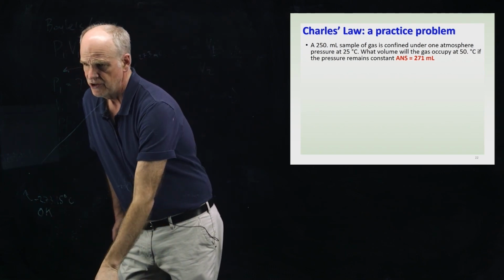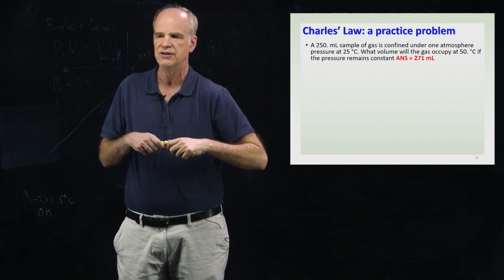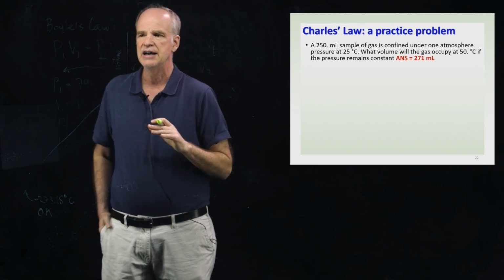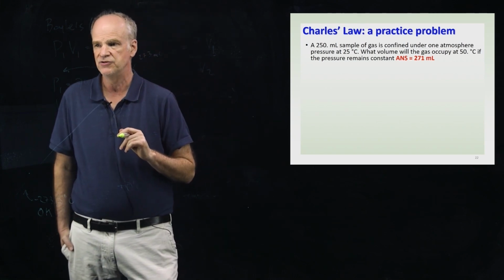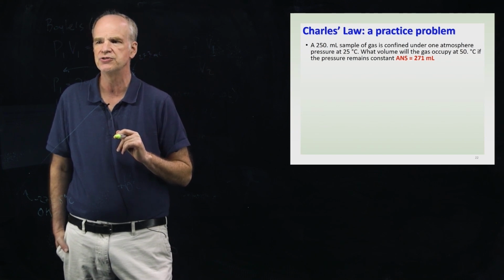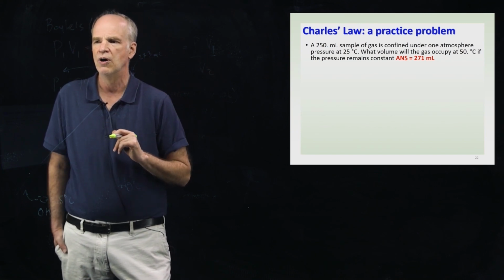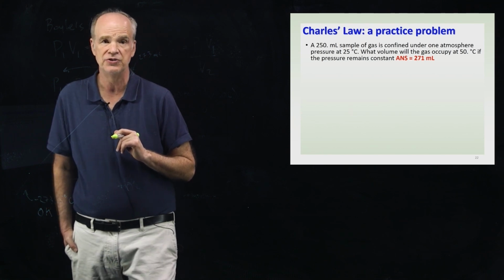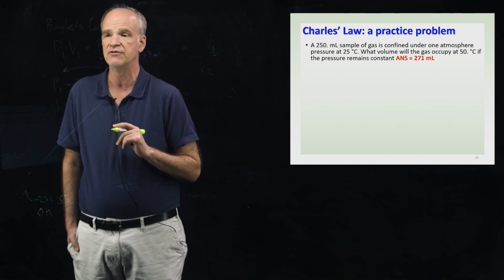Okay, so what I have is a gas, and we have 250 milliliters of it, and it's at 1 atmosphere pressure at 25 degrees Celsius, and we're trying to find what volume it will occupy when we raise the temperature to 50 degrees Celsius. So let me go ahead and assign variables.